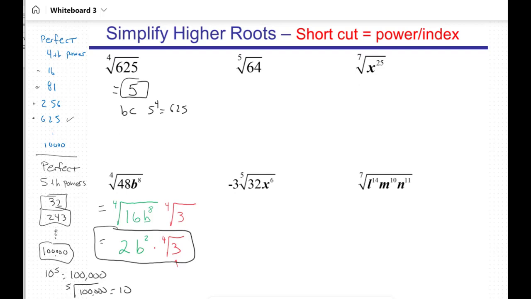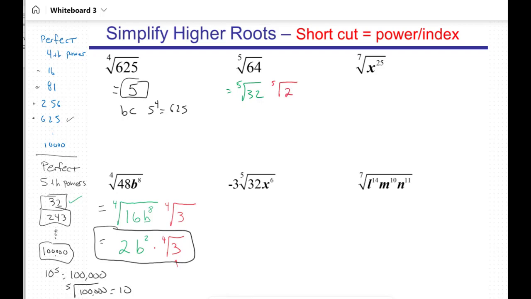So here we go. First row, the fifth root of 64. Now, our perfects are 32 and 243. 64 is not one of them. It's not 8. It's not 4. Those are third power or second power numbers. But 64 is not a fifth power number. But 32 goes into 64, so we can factor this down: the fifth root of 32 times the fifth root of 2.